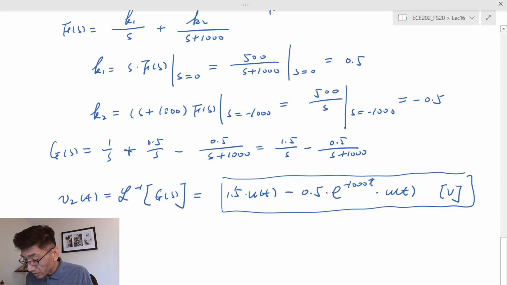Over time, when time goes to infinity, the second term, the transient term, is going to disappear, and we're going to have the first term, 1.5. So the steady state voltage should be 1.5. We're going to look at it on the scope as well. Okay. I'll see you in a moment as I set up the little experiment here.